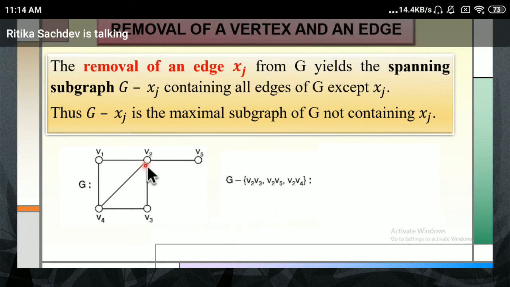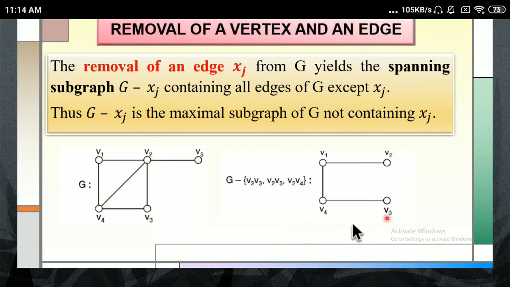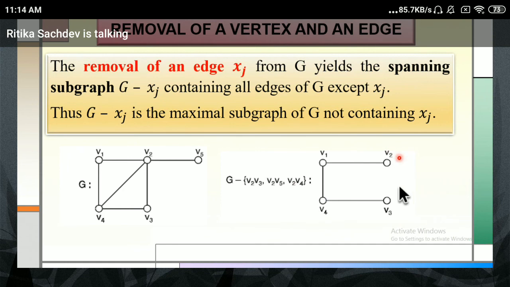We're removing V2 to V3, V2 to V5, and V2 to V4. In the process, we got a subgraph, which is this.